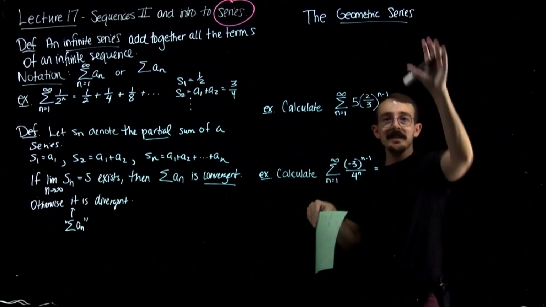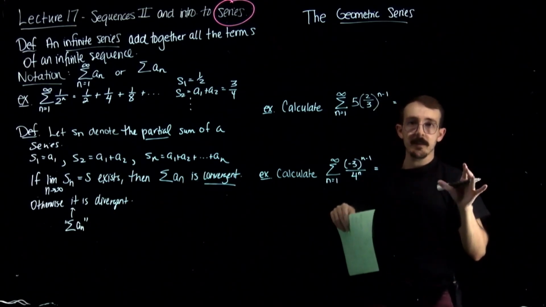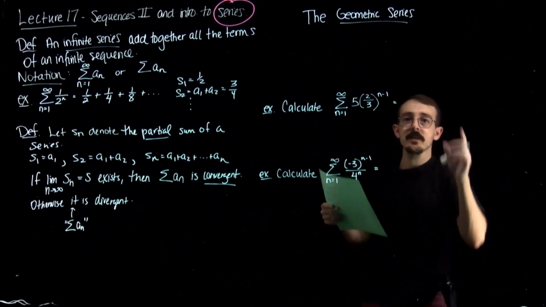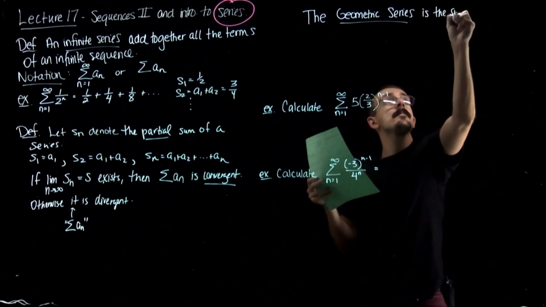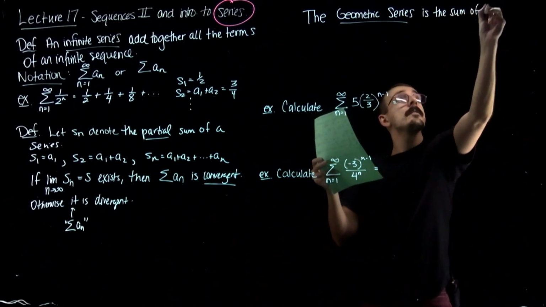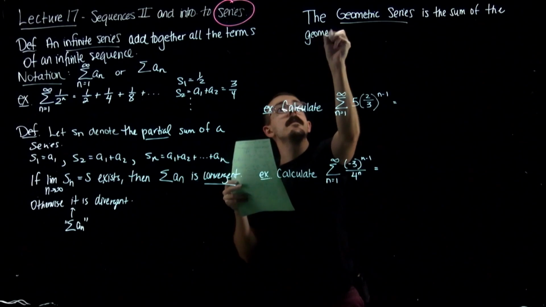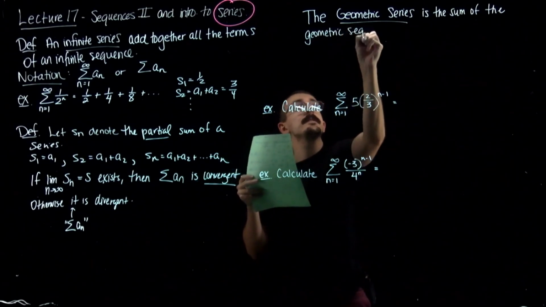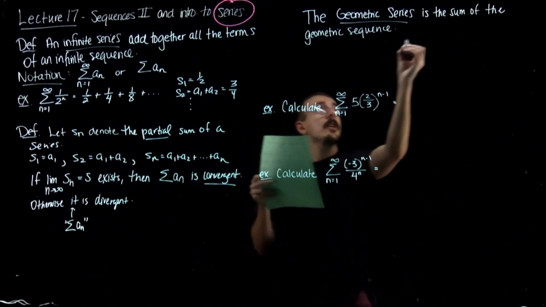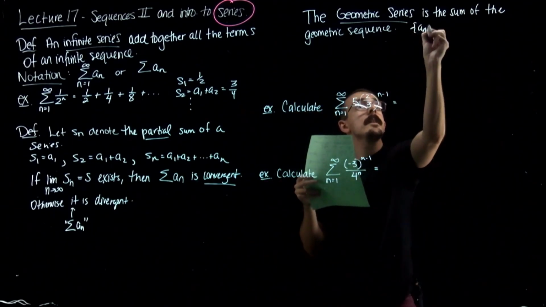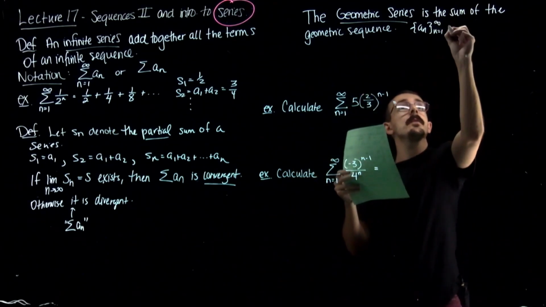We encountered a special type of infinite sequence, and you're going to need to know this special type of infinite series as well. It's called a geometric series. This is the sum of the geometric sequence that we learned before. So we start with a sequence, a sub n from n equals 1 to infinity.